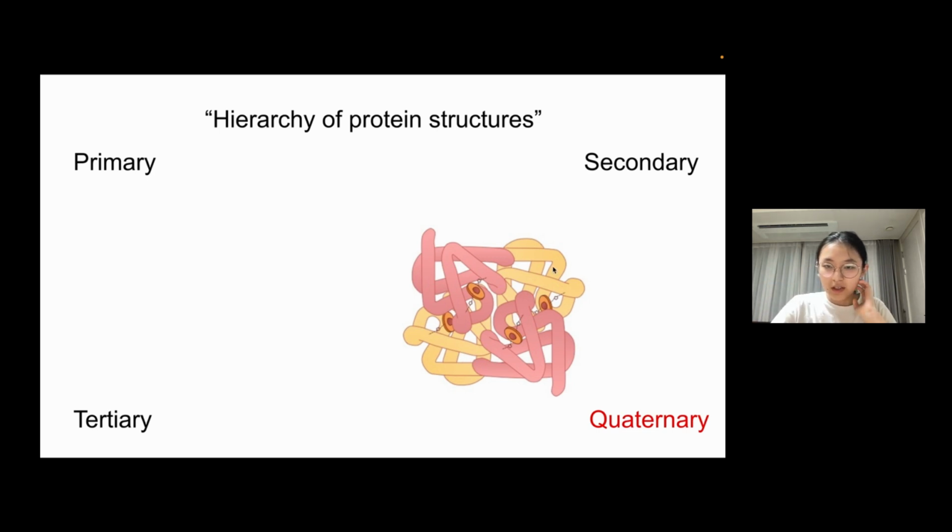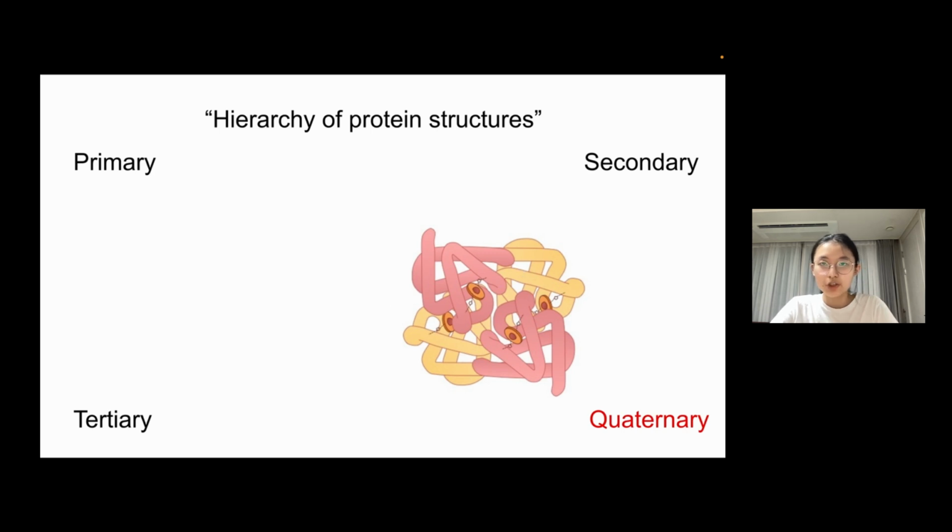Also, we can call this a conjugated protein because it has a prosthetic or non-protein group inside of it, which is the heme group in this instance. So we can differentiate quaternary structures from the other 3 structures in that they usually have more than one polypeptide, or they're conjugated and have a prosthetic or non-protein group inside of them. And alright, I think that's pretty much it for proteins.